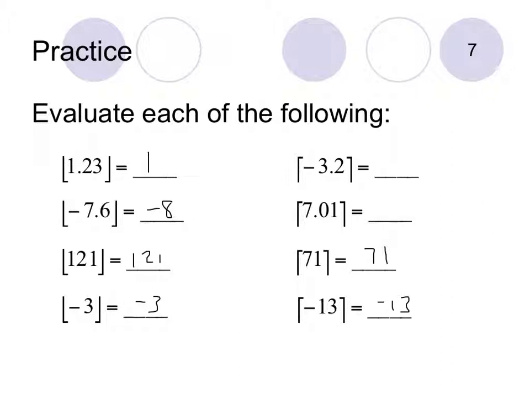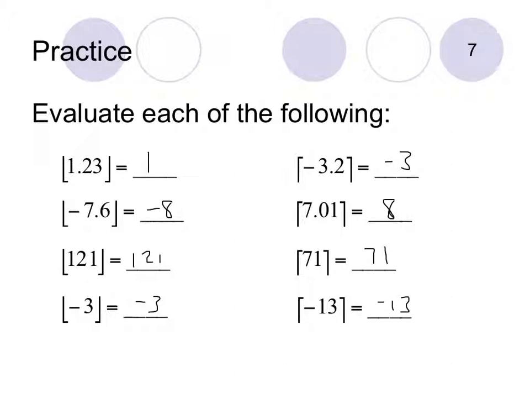Similarly, the ceiling function, when you put in positive numbers, it basically means just go up to the next number. So the ceiling of 7.01 is 8, because 8 is the least integer that's bigger than 7.01. But if we have a negative number, I have to think carefully about it. The least number that's bigger than -3.2 is -3.